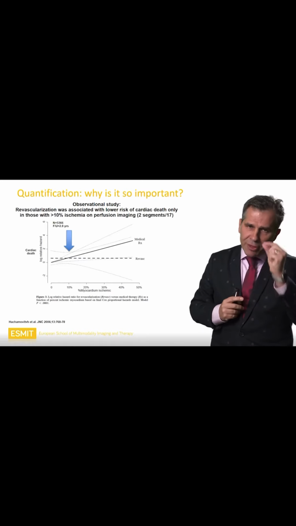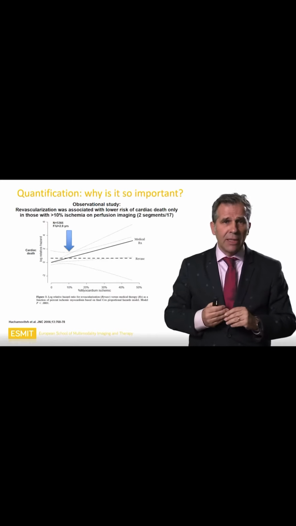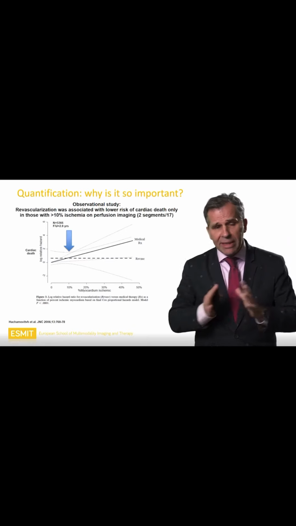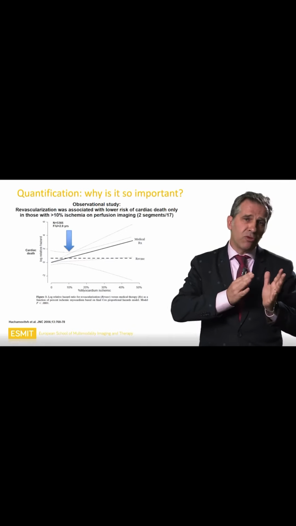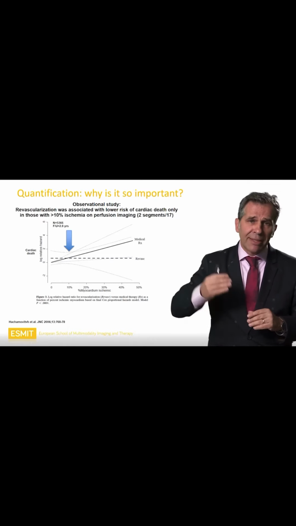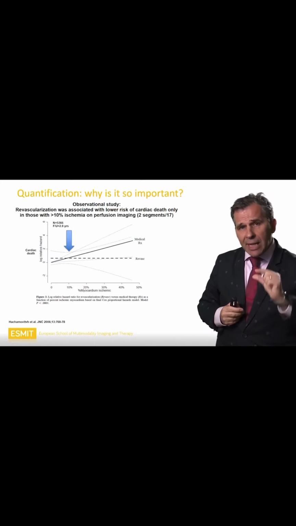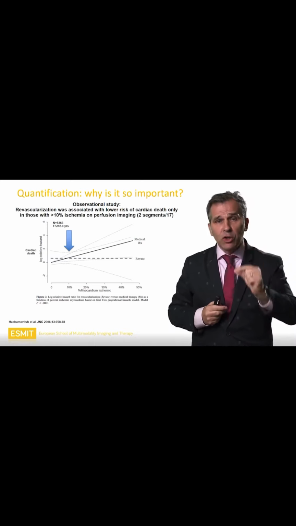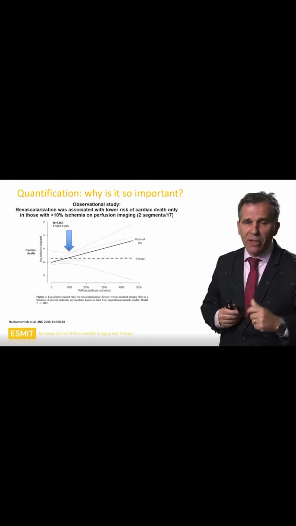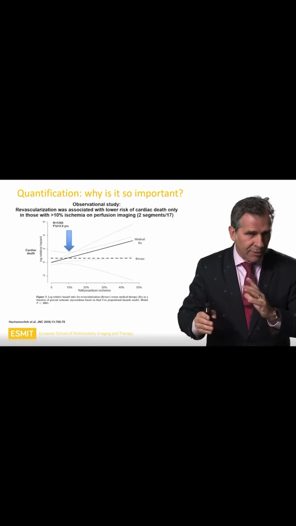If you have 2 segments, meaning 10% of the LV damaged by ischemia or maybe infarction, you can change the strategy. You can change the therapy. Maybe just medical therapy. Sometimes you need to push the patient to the cath lab to make revascularization, to make stenting, or maybe CABG. So in your reporting, it's important to note the percent of LV damage by the stenosis. So 10% is 2 segments. Very important message.